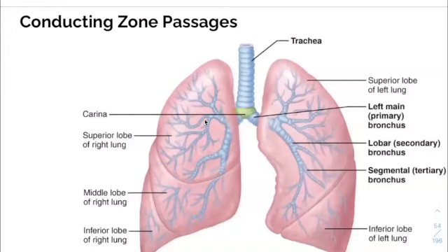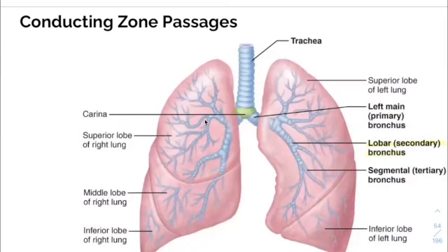But that is where our trachea divides into our left and right main or primary bronchus, bronchi for plural, bronchus for singular. From there, we will split into our lobar or secondary bronchus, one for each lobe of the lung.